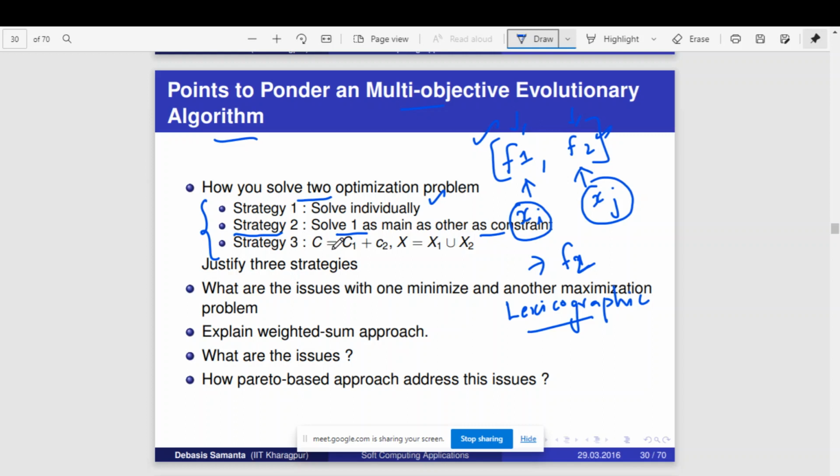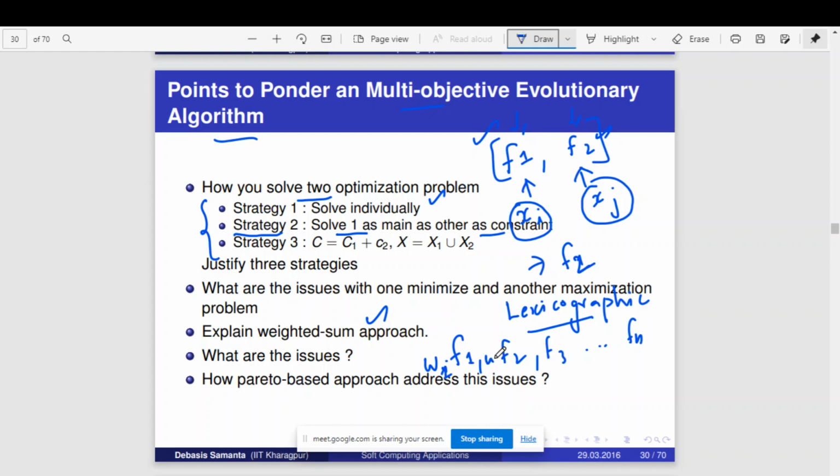Similarly, we have discussed strategies like the weighted sum approach. This is also one strategy. In the weighted sum approach, you have multiple functions: f1, f2, f3, and so on up to fn. Our objective is to identify weights for each function, that is, the weightage: how much importance each function holds.